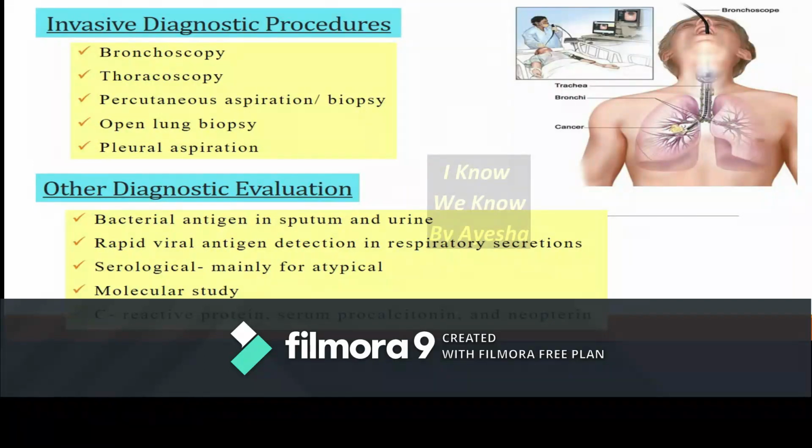Serologically, mainly for atypical molecular study, C-reactive protein, serum procalcitonin. These are the investigations which can be helpful in detecting the type of pneumonia so that the treatment can be selected depending upon the organism.